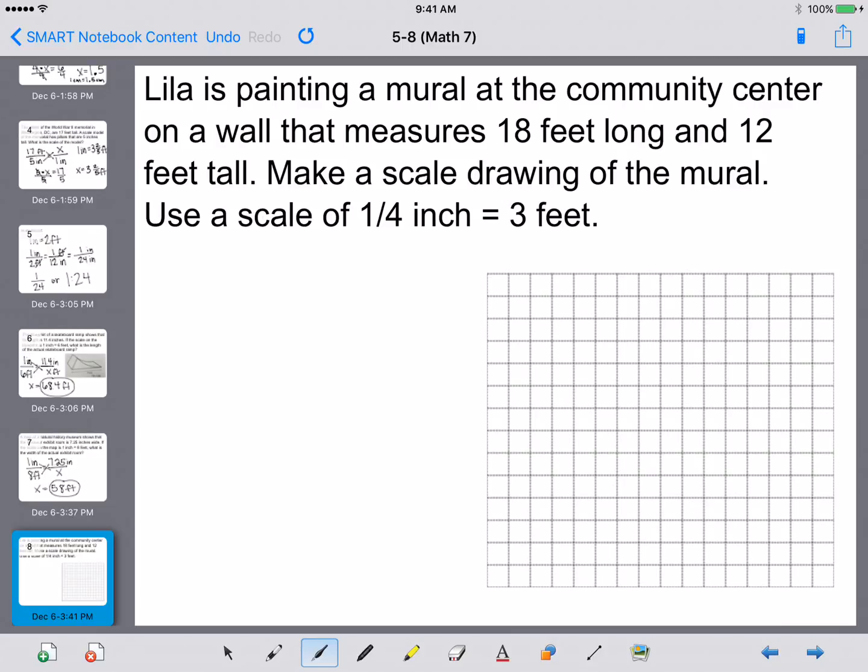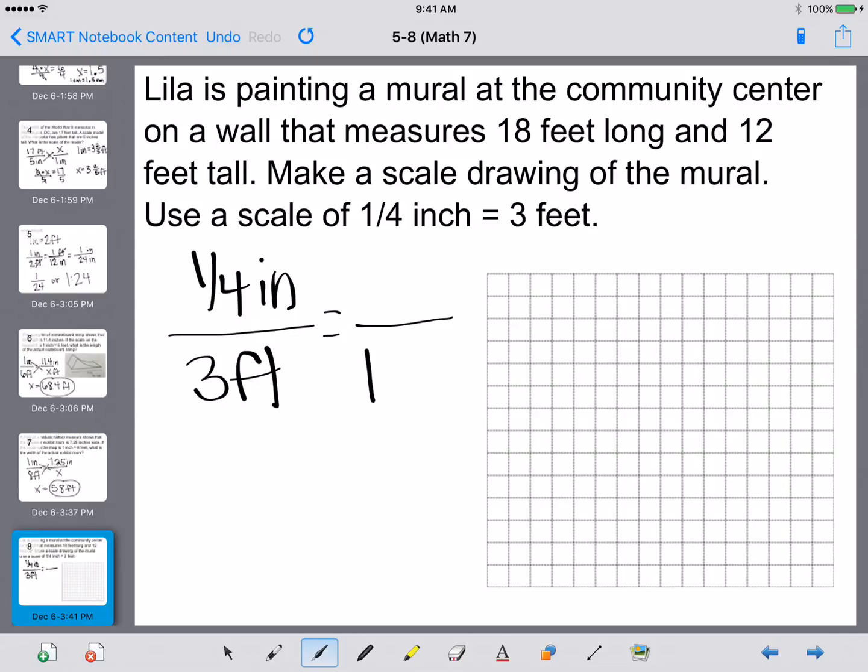So let's figure out how long we're going to make our mural. So our scale is 1/4 inch to 3 feet. Our actual wall is 18 feet.